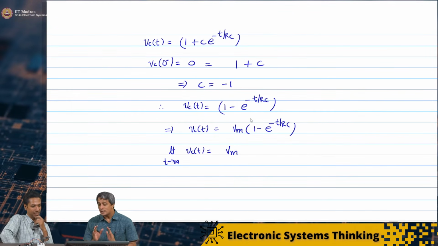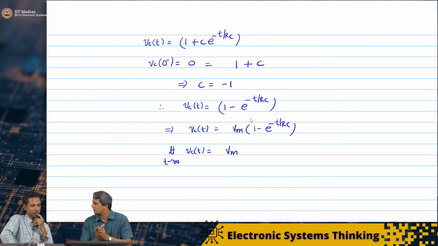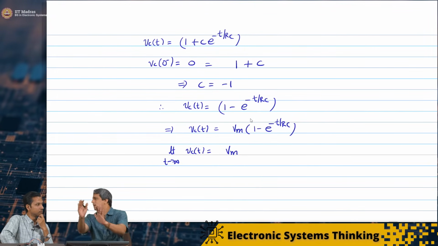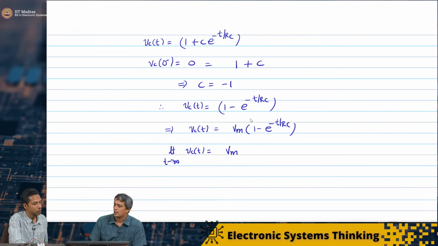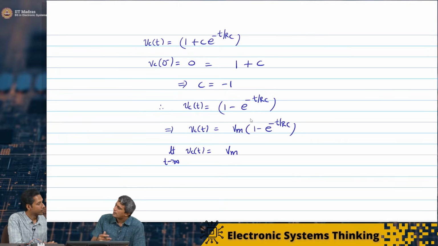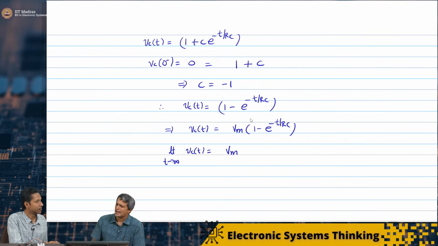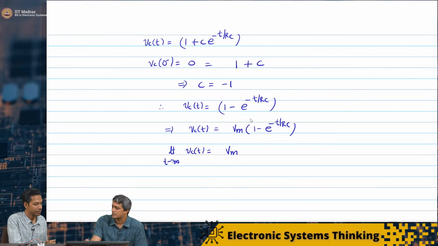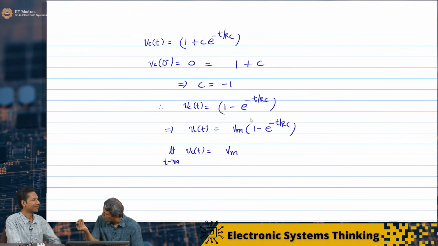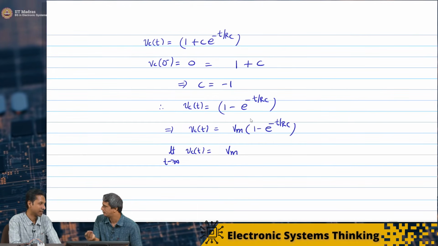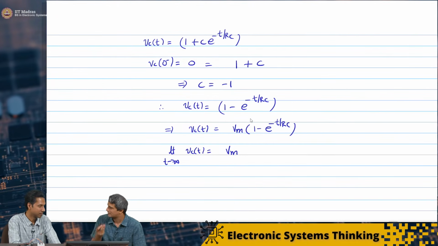So if you give it enough time, the capacitor is indeed going to follow the input and it will reach the input. Now, technically, this is going to happen only at t equal to infinity, because for any other real value of t, this e power minus t by RC is going to be some small value, and it will be slightly less than Vm.